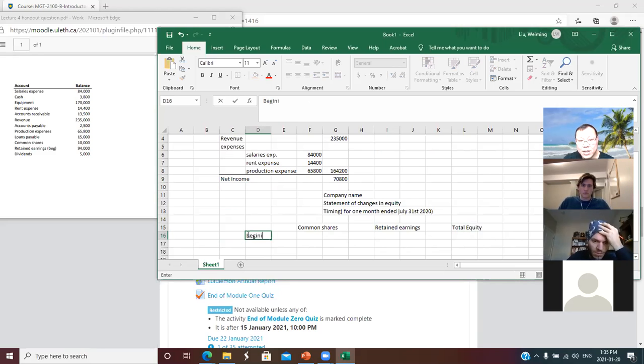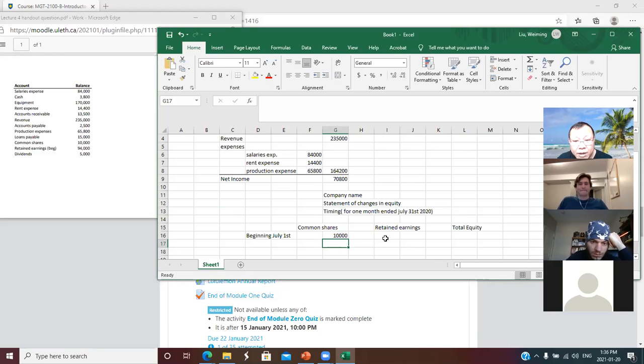You start by row with the beginning balance. That will be July 1st, right? Maybe the common share, maybe this is a new company. I assume this is a new company with 0. Retained earnings, no, it's not a new company. So it's $10,000 common share. Retained earnings beginning 94,000.